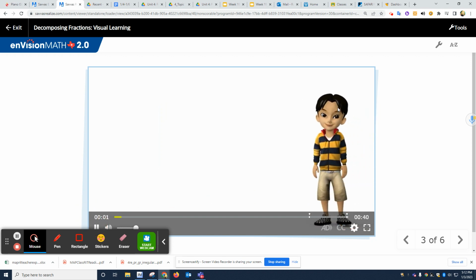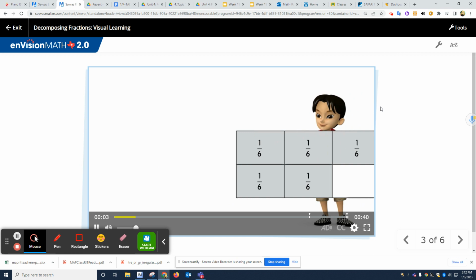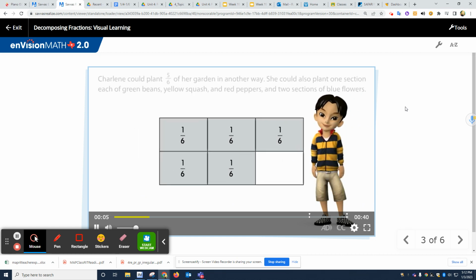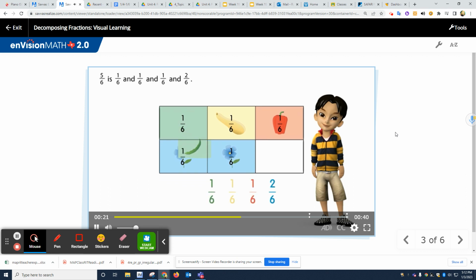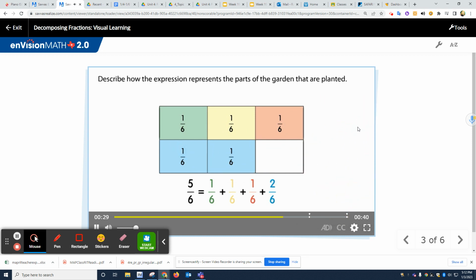Okay. I went ahead and wrote this in my notebook as another example.